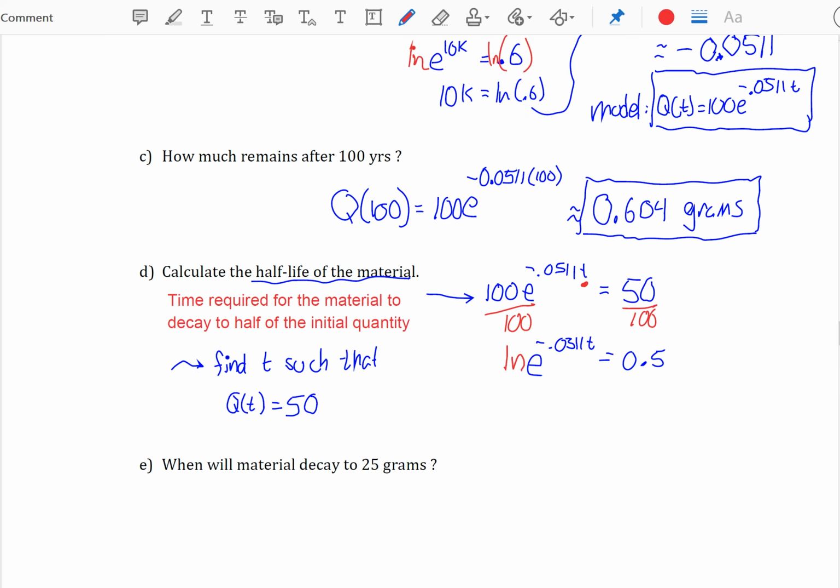We will take the natural log of both sides with the expectation that the natural log and the e being inverses will cancel to give us negative 0.0511t equals the natural log of 0.5, which makes t equal the natural log of 0.5 divided by negative 0.0511.